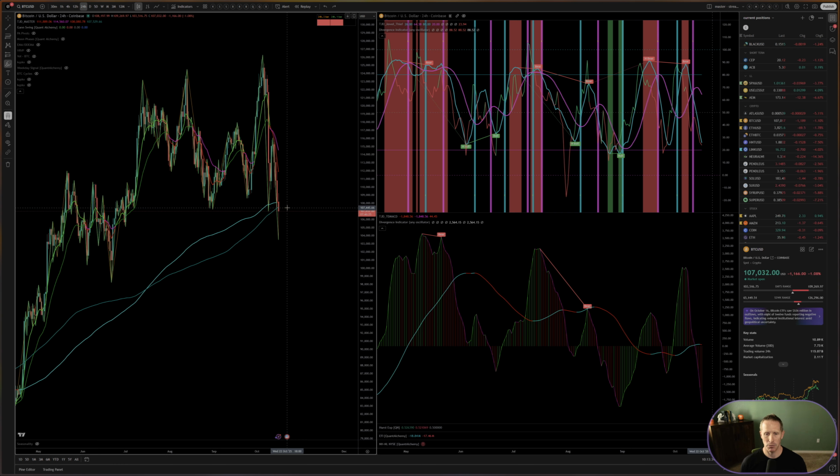This has been a minor correction in the context of what Bitcoin has historically done, but considering the size of the numbers, since we're now working with an asset that's over $100,000, the nominal value of that is quite large, because we were at 126,000 just a few days ago, and we dropped all the way back down to about $103,000.